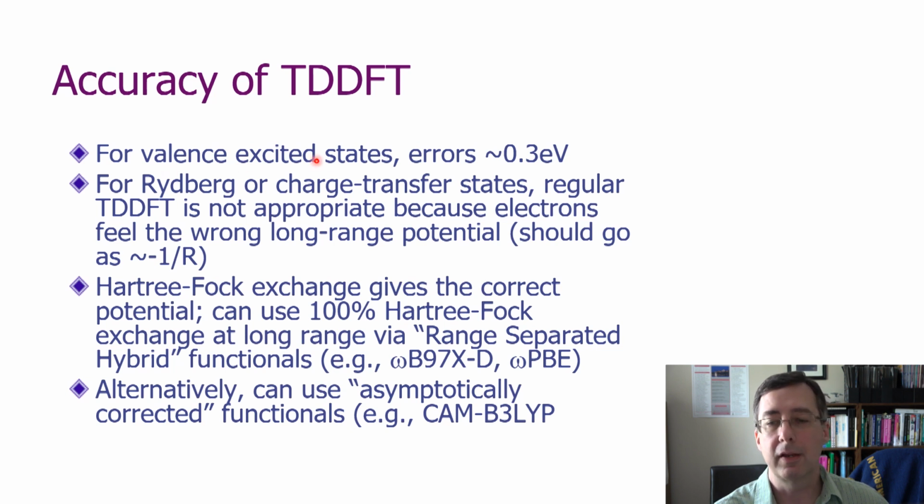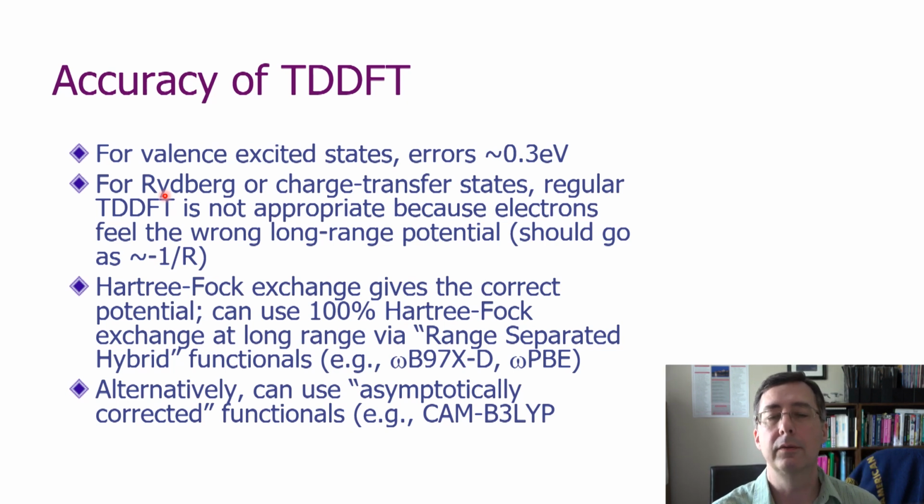If I have valence states, I get them correct within about 0.3 electron volts, which is not bad. I have to watch it if I have Rydberg states or charge transfer states, where I transfer charge from one part of the molecule to another part of the molecule.